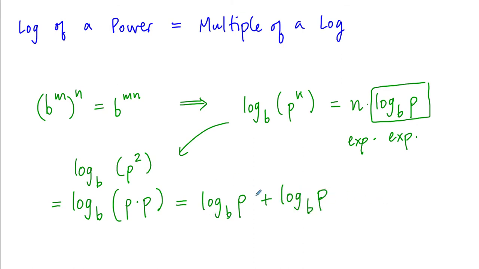And now we have something added to itself, which means that we have two of those things. In other words, if we had a plus a, we would have 2a. And now we have two of these things, so we have 2 log base b of p. And what's really what it looks like here is that the 2 has come down in front here.